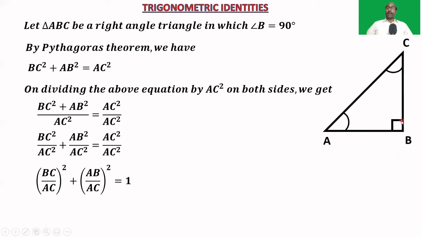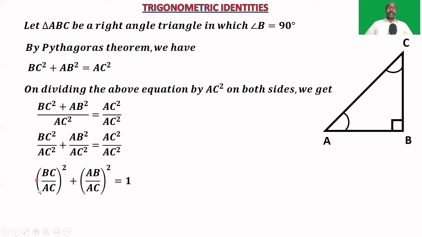So now this ratio BC by AC equals sine A as well as AB by AC with respect to angle A, adjacent by hypotenuse is equal to cos A. So here BC by AC is equal to sine A and AB by AC is equal to cos A.